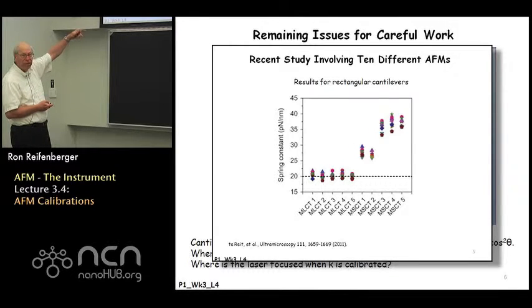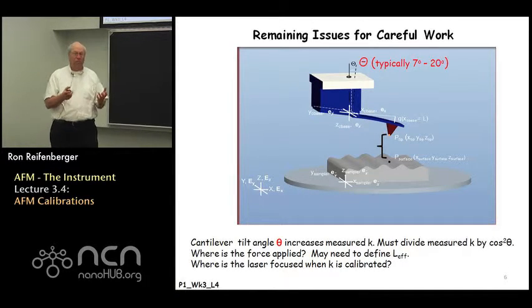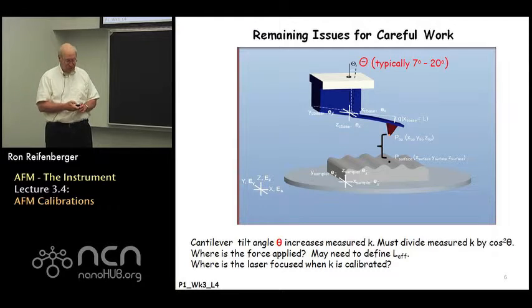This has some bearing on why different AFM pieces of equipment give different values for K, even though they're all using the same cantilever to make a measurement. So again, careful work requires a lot of issues that have to be sorted out, and it's worth mentioning those up front just so you're aware of it.